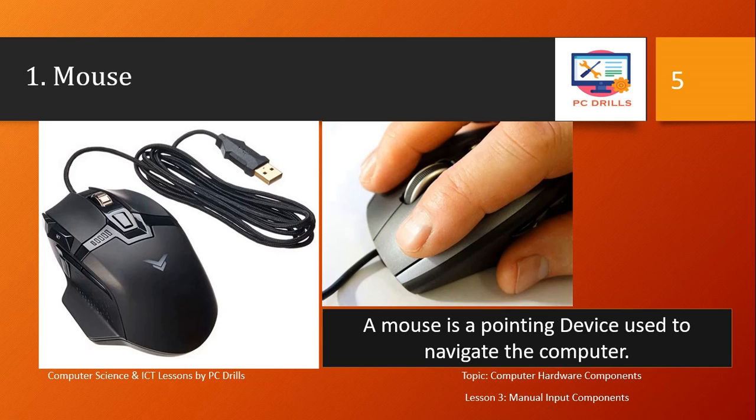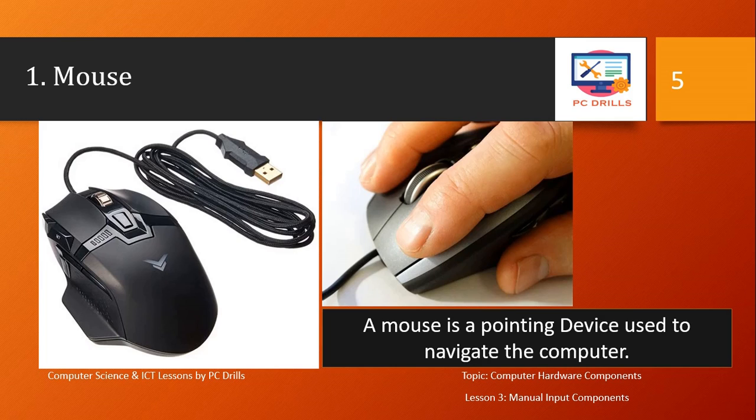You have a USB cable that you plug into the CPU, and on the other end something that looks like a mouse. On the left is the device, and on the right you can see someone's hand, how you place your hand when using it. You have right click, left click, scroll, and many other functions on the mouse.